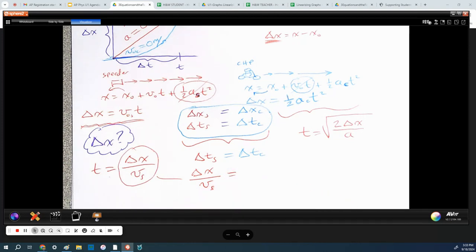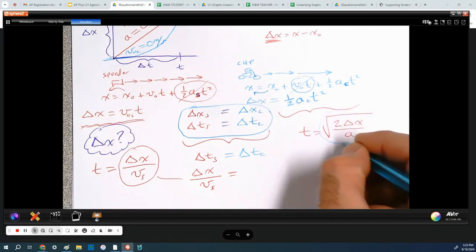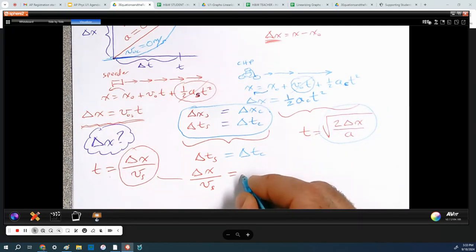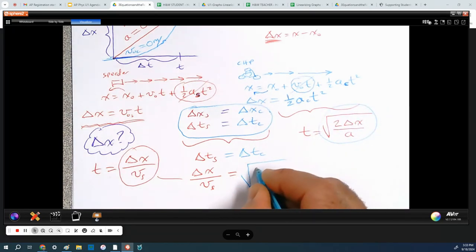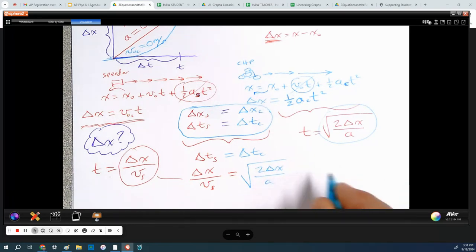Delta x over v of the speeder equals, and I'm going to substitute this part on this side, square root of 2 times delta x over a.